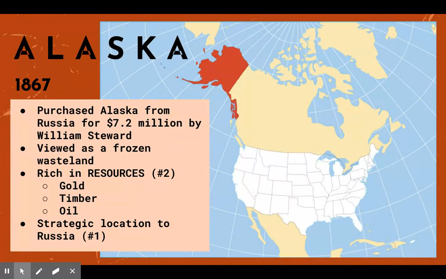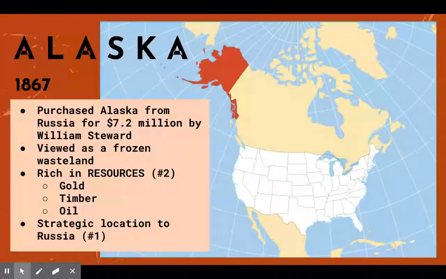We just bought Alaska. So this is still imperialism. We purchased it. We don't have to kill people to take over land. We purchased this property from Russia for $7.2 million. The person who negotiated and thought of this deal was William Seward. But at the time, everyone hated this idea.